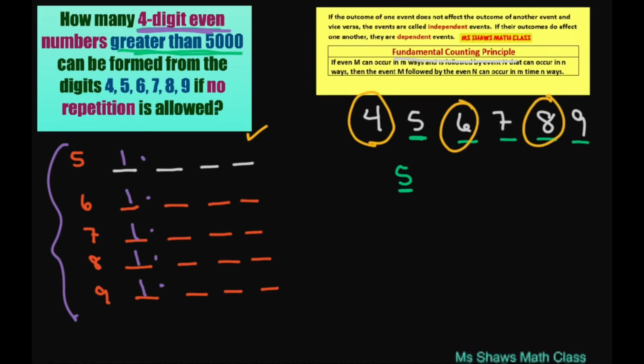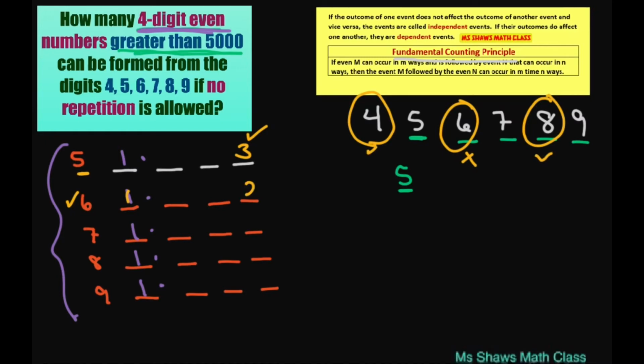All right. So for the first one, if it starts with 5, and we can't use repetition, we have 3 choices here. Now for the 6, if my first digit is a 6, then I can't use this one again. So I only have 2 choices to use.